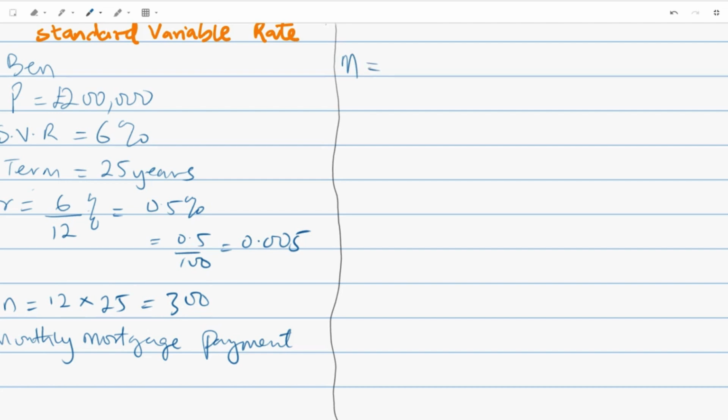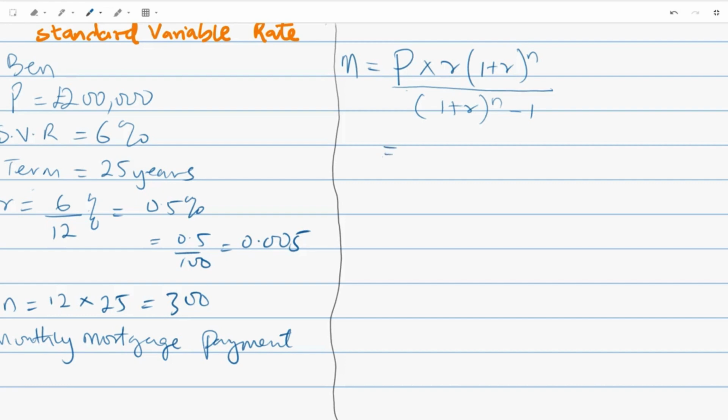That should be P times R times (1 plus R) to the power of N, over (1 plus R) to the power of N, minus 1. Right? I think that is right.